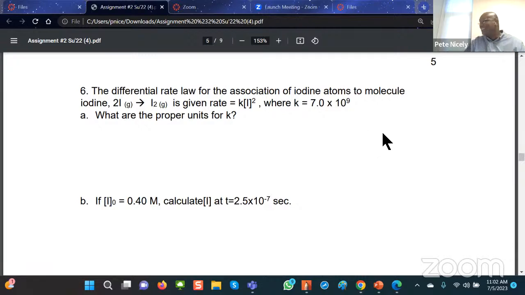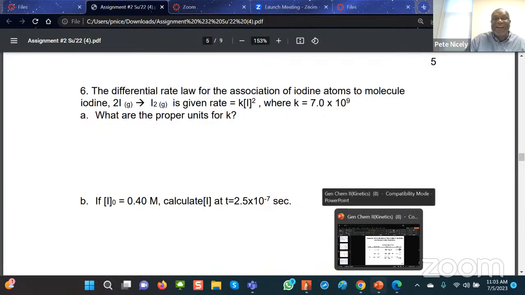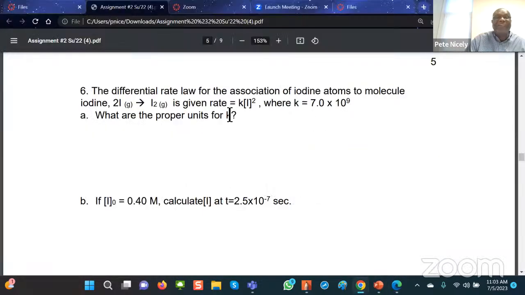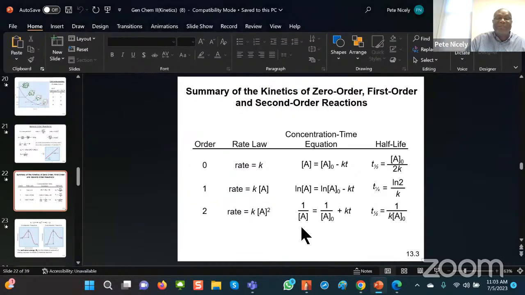Before you do that, let me remind you of the equations for this type of reaction. The first thing I notice here is that the reaction is second order with respect to the reactant. So the equations we'll be using are this one and this one.